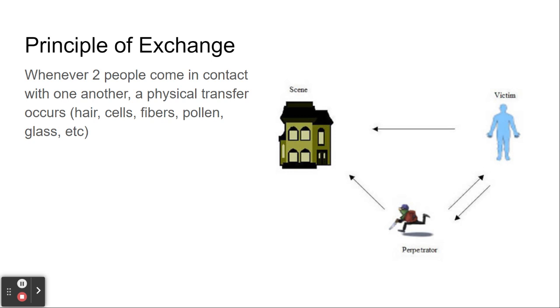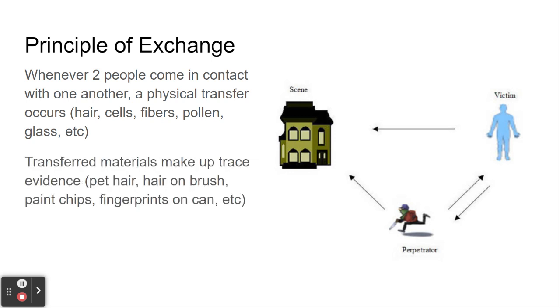And as a result of that, from a forensic science standpoint, that proves to be really, really beneficial. You can start making linkages as to where an individual was or had been, based on the information that you're able to gather from that exchange.